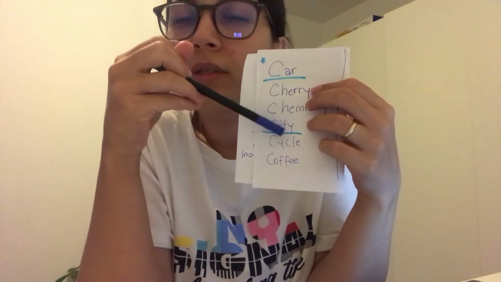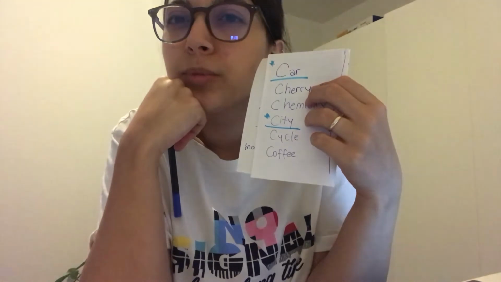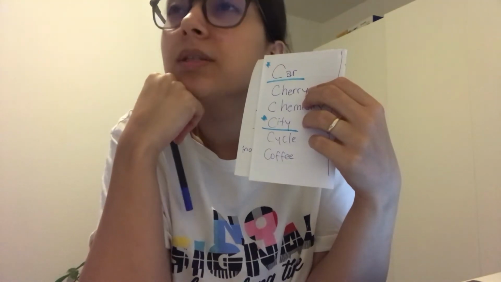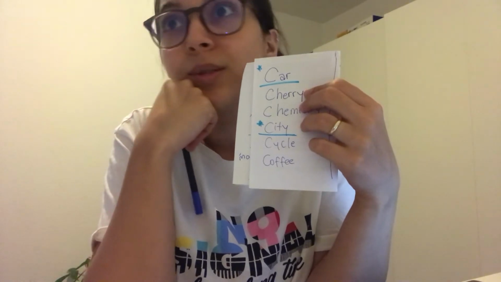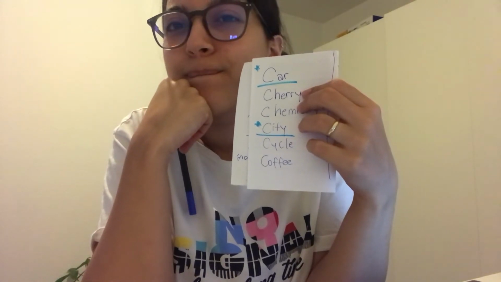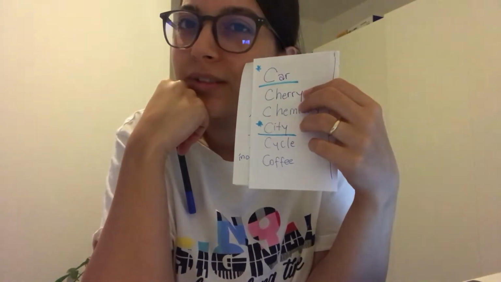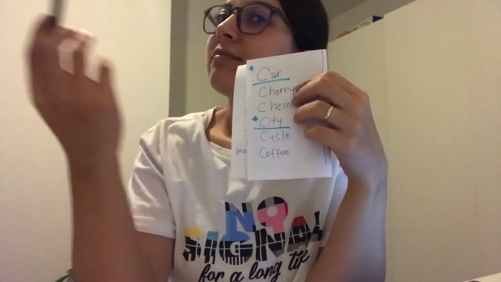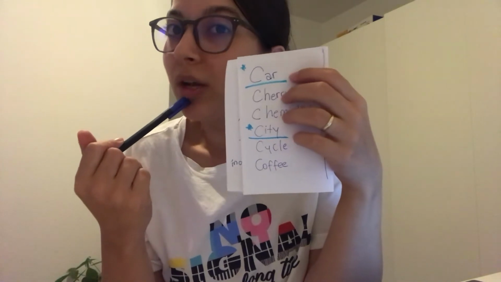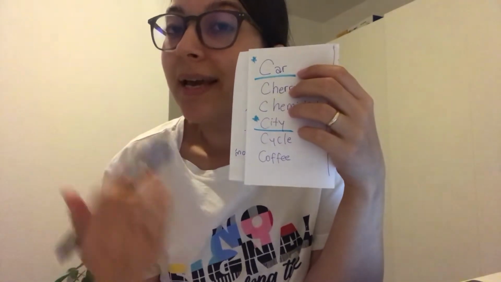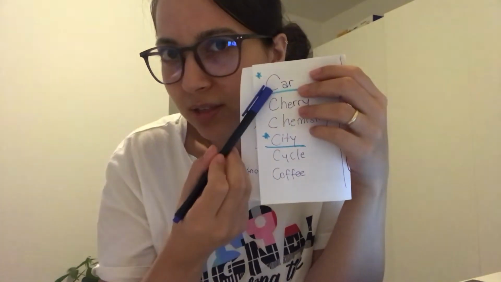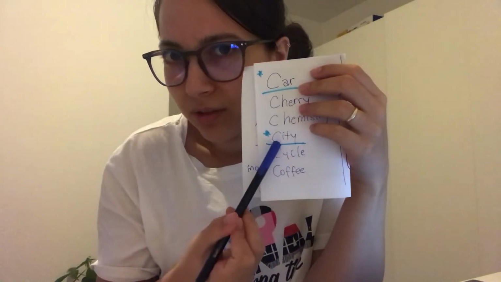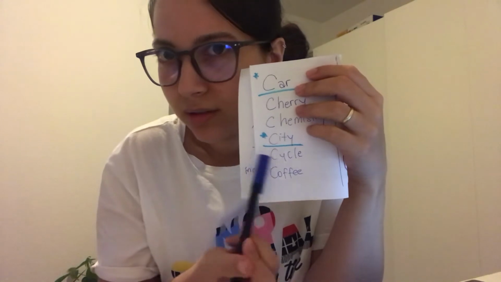How do you pronounce it? Yes, Berta? Kitty? No, that's not Kitty. How do we pronounce it? Where we live, where are we? And Bonn? Bonn is a city. Okay, this is weird, right? We have here C and we have here C. It's a car, it's a city.